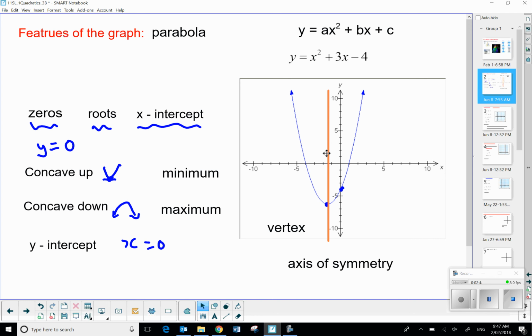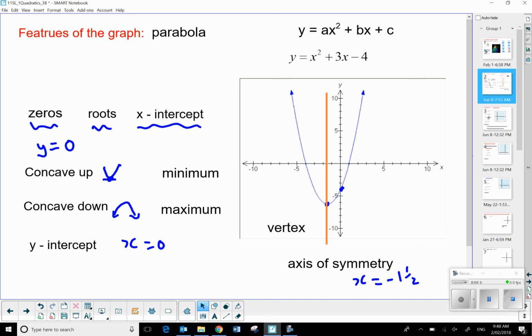The equation for an axis of symmetry means we want an equals. It's an x value, so it will always be x equal to something. In this case, it's looking like -1.5. So -1.5 is the axis of symmetry here. The equation will be x equals -1.5, because it's a vertical line.